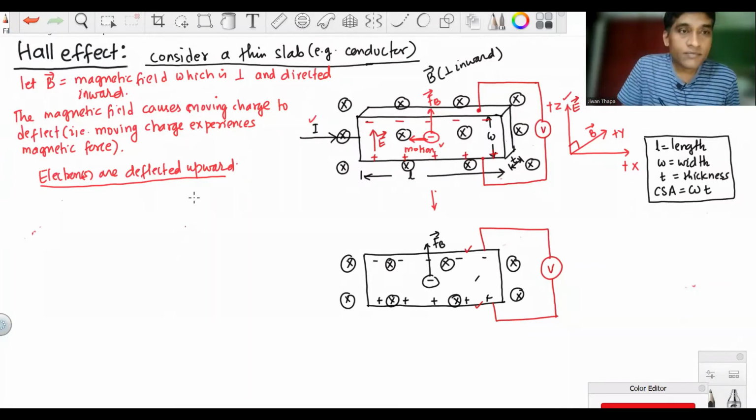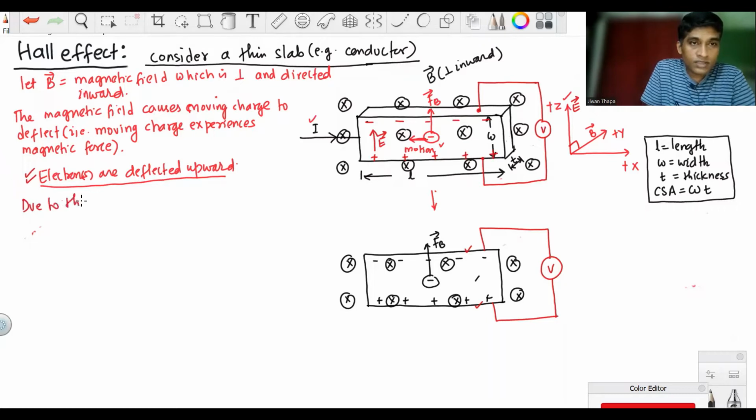So I have written: electrons are deflected upward due to this electric field. So we have negative charge on the upper side and positive charge on the lower side.